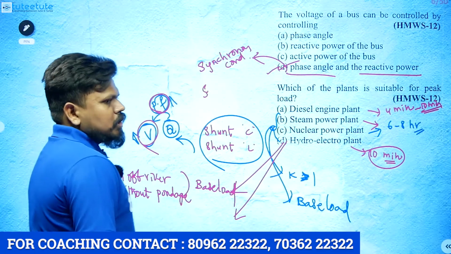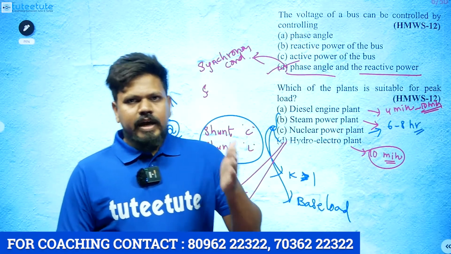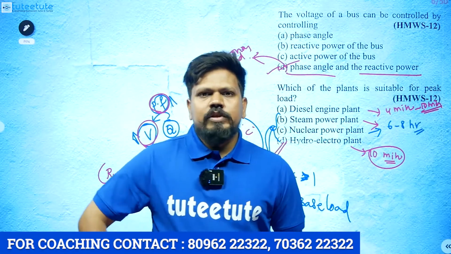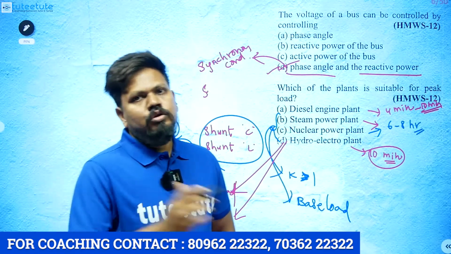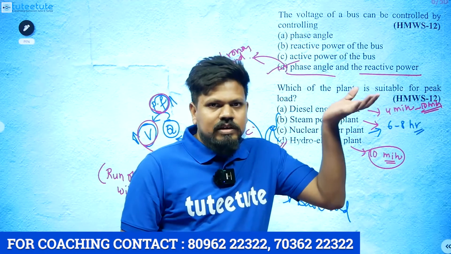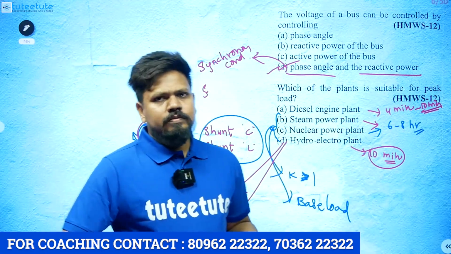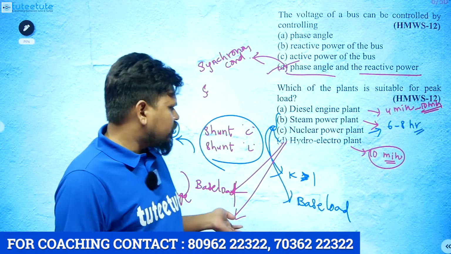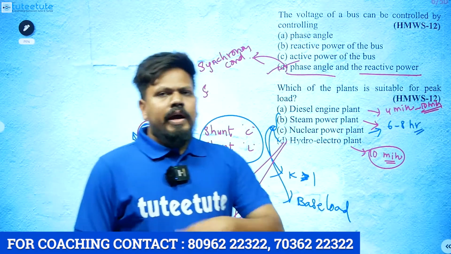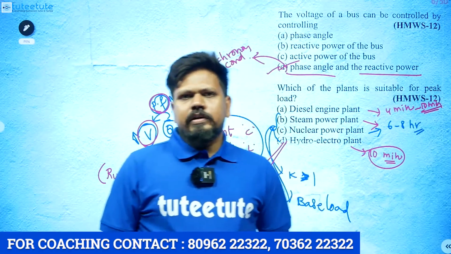For example, if water availability is there for only 2 or 3 months, you have to construct a dam. Then the water will be stopped, and we can use that water whenever more electricity is suddenly required. When there is more demand, at that time only we will send this water. If we use this type of river power plant as base load, within 4 or 5 days all the water will be finished.